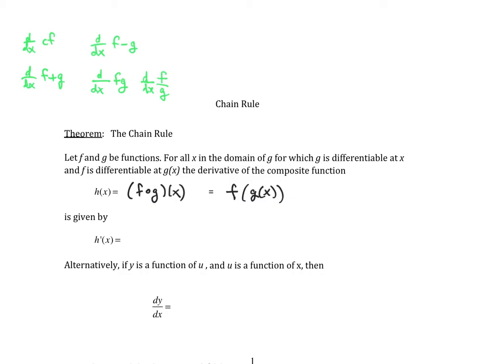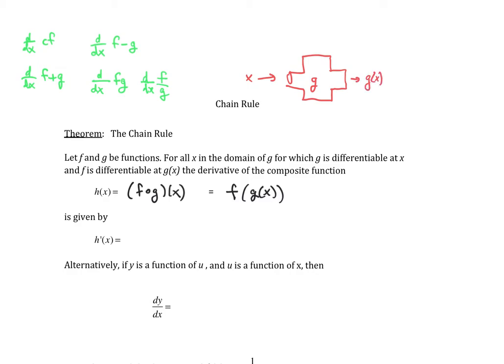Now, I was thinking I would draw a little machine diagram to help you visualize this. Imagine your x value is here, then you plug it into this machine, called G, and the output is g of x.